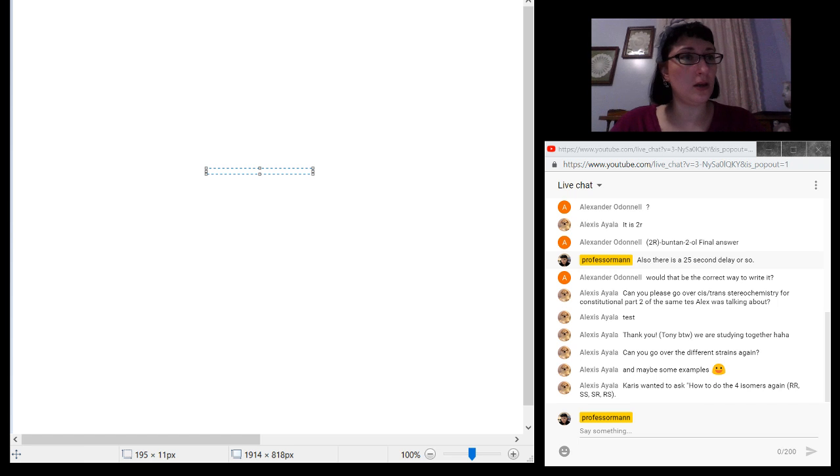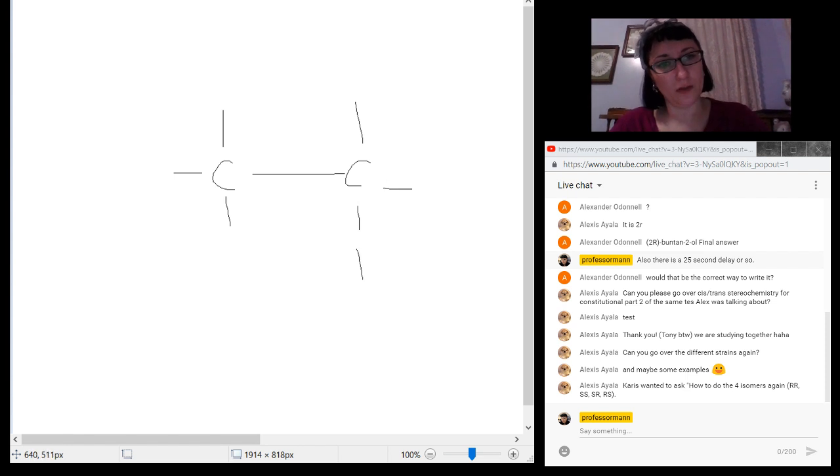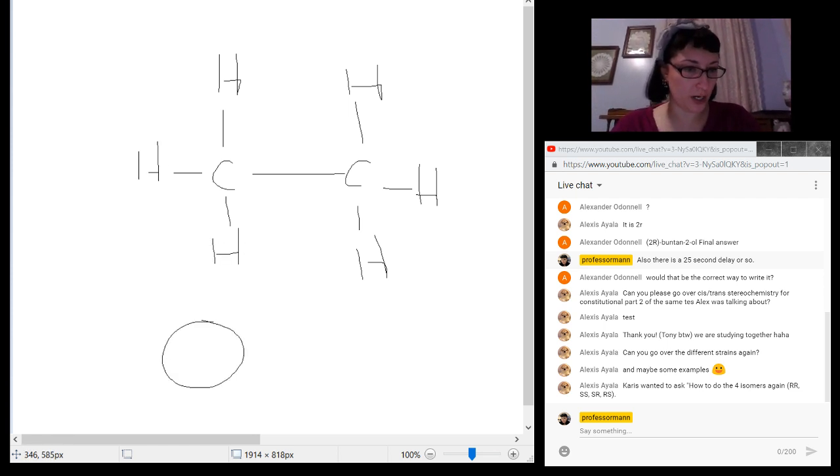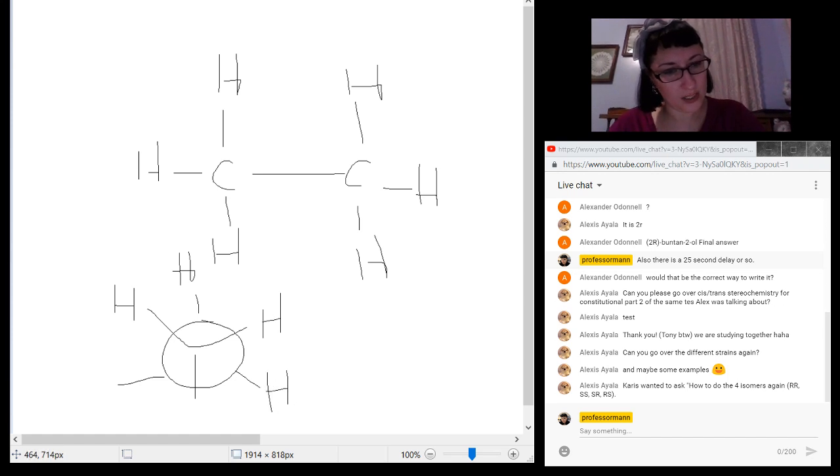So if you think about something like ethane, just something real simple like that, and we looked at Newman projections for this, right? So this was the lowest energy conformation, and we called that one staggered, right?